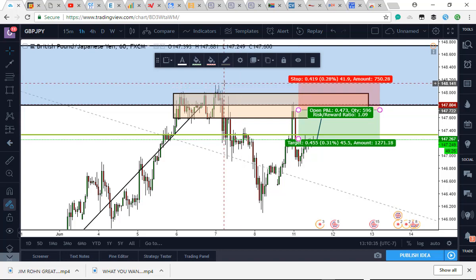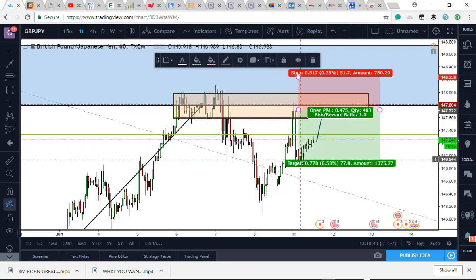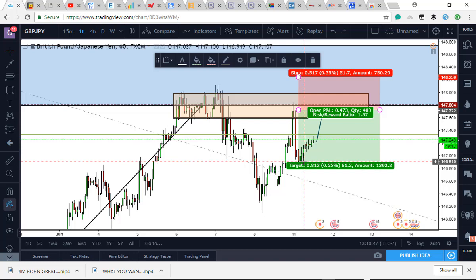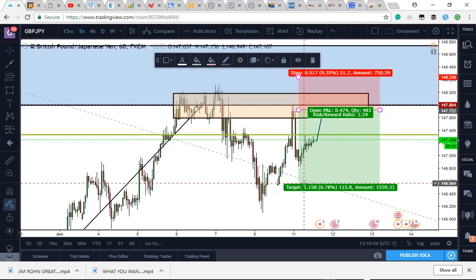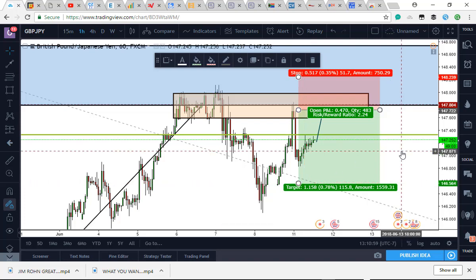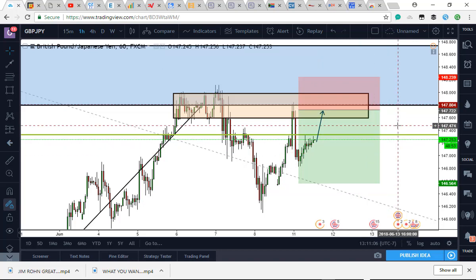We are at 41 pips, so roughly you will be looking at a stop loss of 50 pips. With the first take profit back at this retest of structure, we will be targeting around 81 pips, and for a final take profit, this will offer us a total move of 115 pips. So this is a 1:2.4 trade in total.